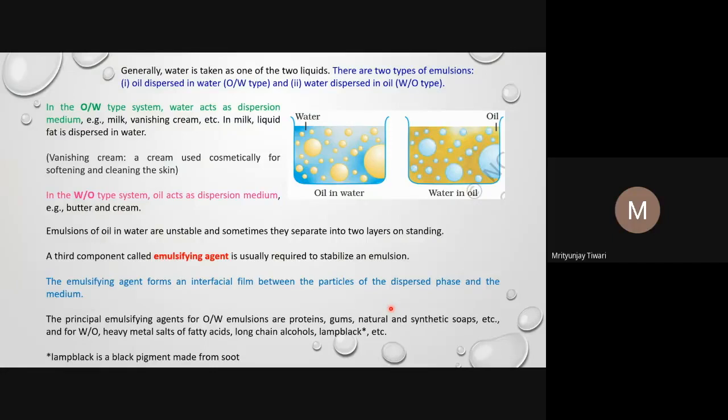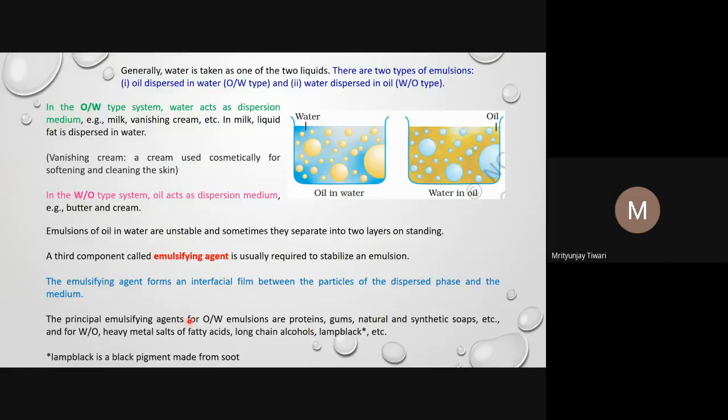A certain portion of it has affinity with the dispersion medium, and a certain portion has greater affinity with the dispersed phase, so it comes on the surface between them, mixes with both of them, and makes the emulsion stable.